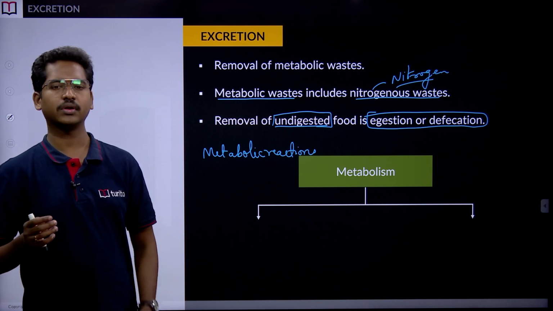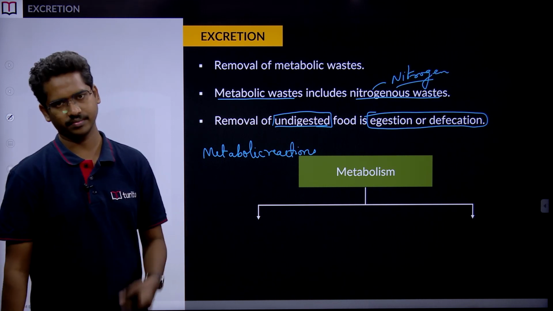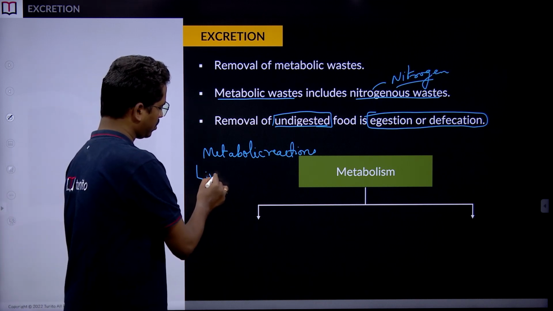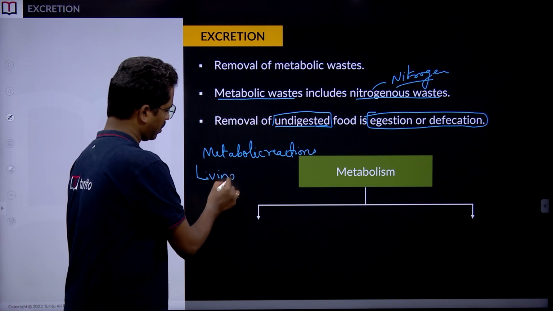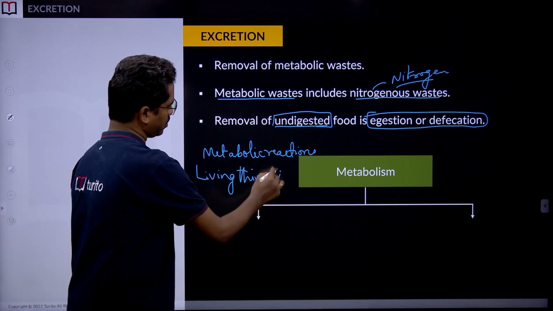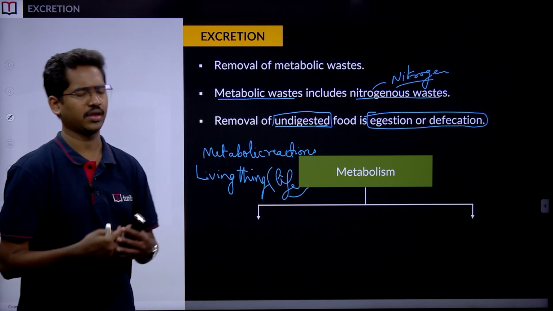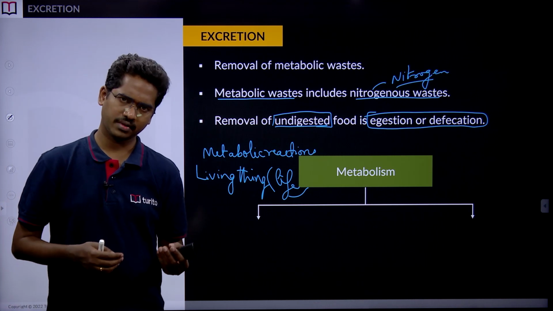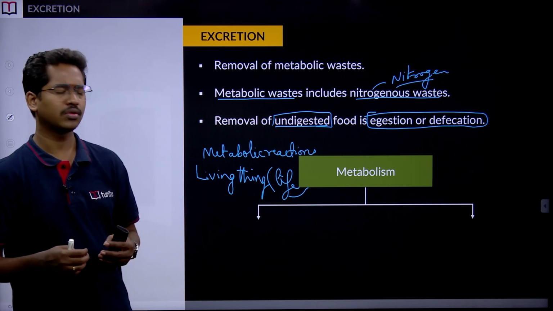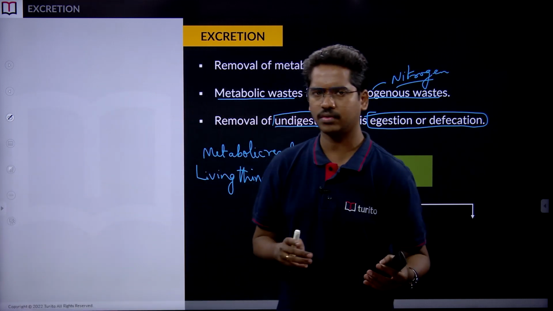Whenever you are discussing metabolism, it is actually about the living organism, right. The thing which has life in itself. When a thing has its own life, certainly you know that life is composed of so many types of elements, chemicals, materials, right.